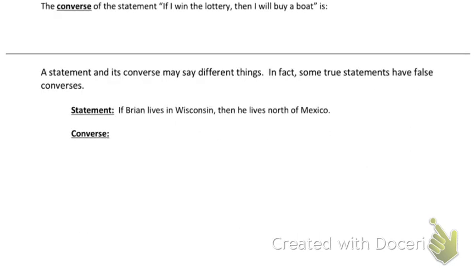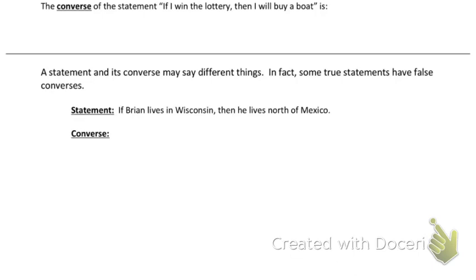In fact, I said right here, a statement and its converse may say different things. In fact, some true statements have false converses. So we have a statement. If Brian lives in Wisconsin, then he lives north of Mexico. Is this statement 100% true?